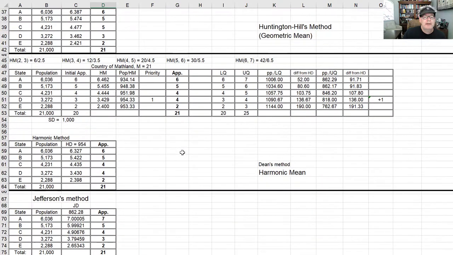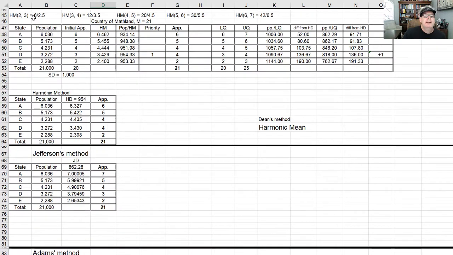With the harmonic mean, here are the roundings. So that's 6, 5, 4, 4. So now D got the seat instead, so that's a whole different result. Again, here's where we would round with the harmonic mean. This is the lower quota there.